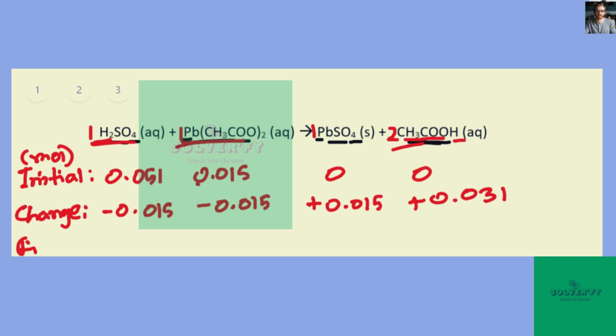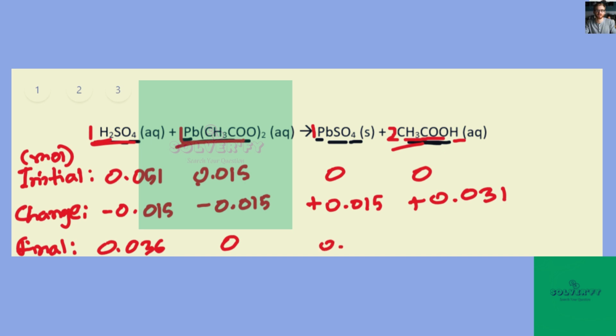So in the final mixture, we will have 0.051 minus 0.015 mole of H2SO4, which will give us 0.036 mole of H2SO4. And since the limiting reactant will react completely, 0.015 minus 0.015 means 0 mole of lead acetate will remain.